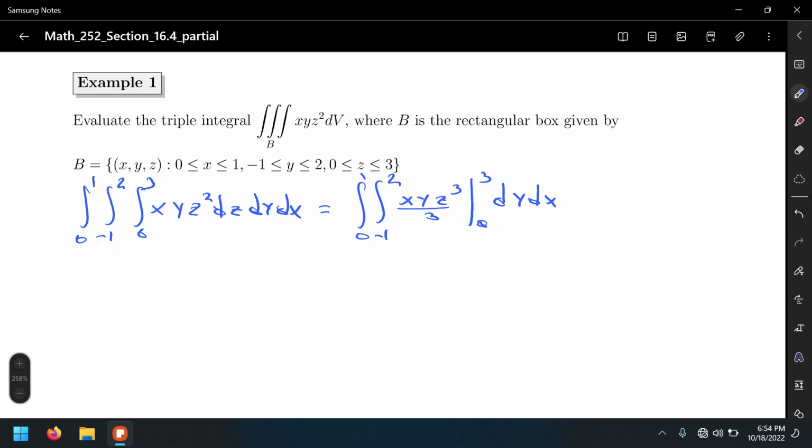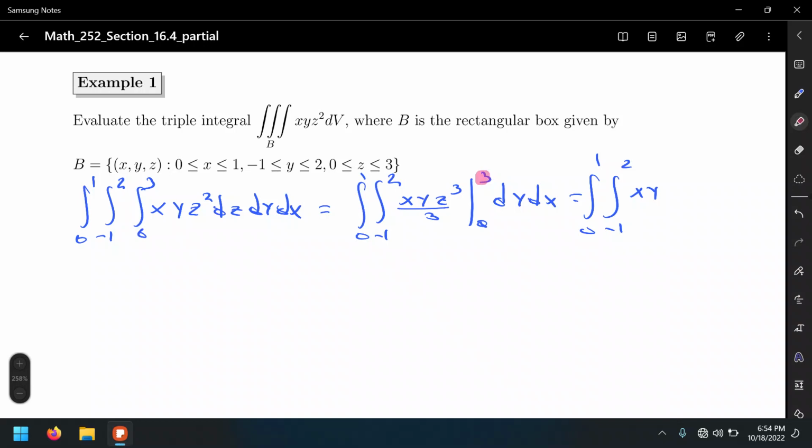And as usual, fundamental theorem of calculus. So that's the double integral from 0 to 1 and from -1 to 2 of x y, and recall that we are evaluating the integral only with respect to z.